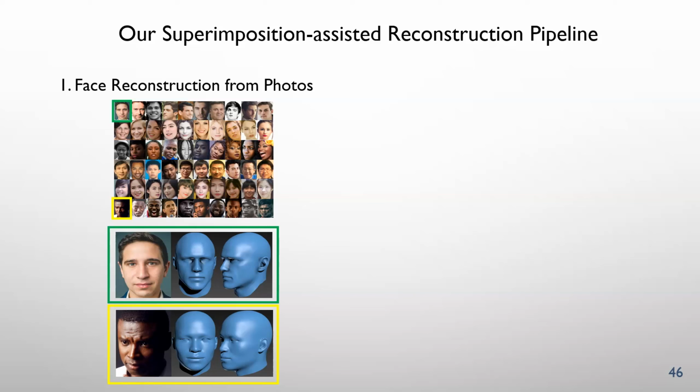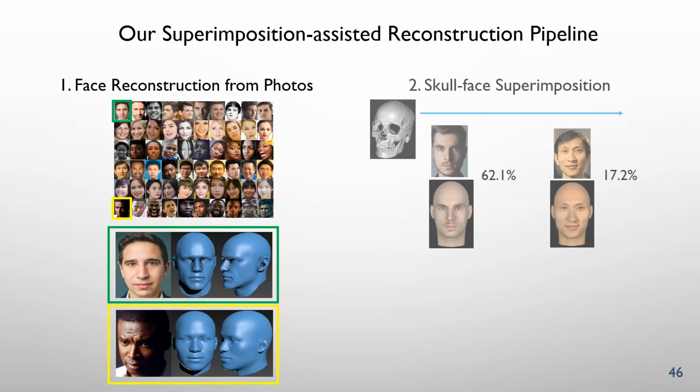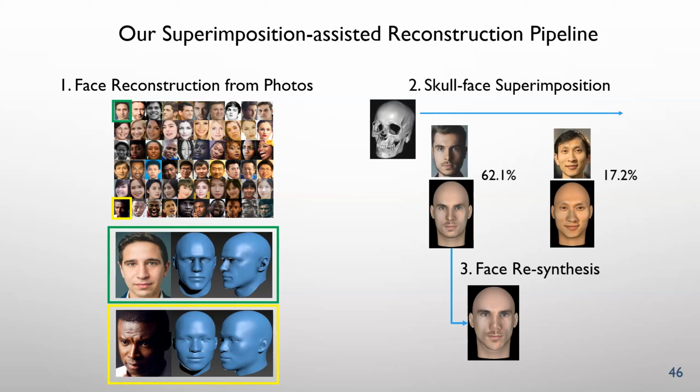Then we have a large amount of face candidates. After we reconstruct the 3D faces, we can perform a superimposition to match the query skull with each of these 3D faces. We can easily see how likely the skull matches with this 3D face. Then we can pick the top candidate and use this superimposition to help us further refine the reconstructed face.